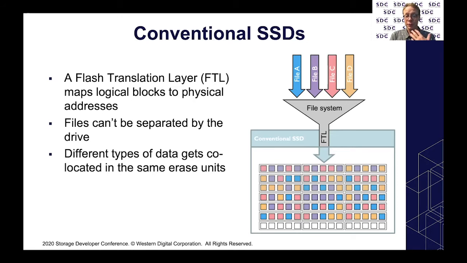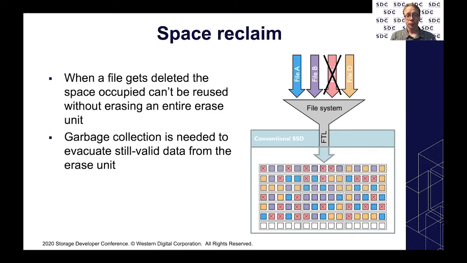This means that the different types of data get co-located in the same erase units. And when a file gets deleted, the space occupied can't be reused without erasing an entire erase unit.